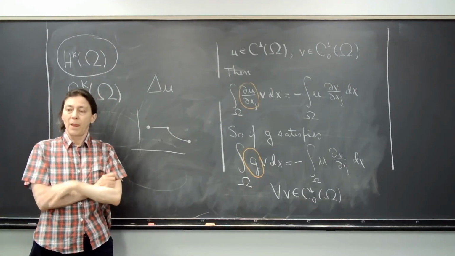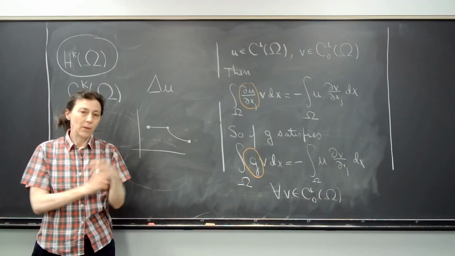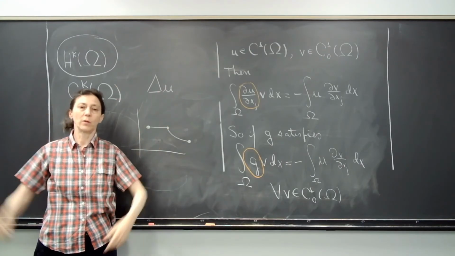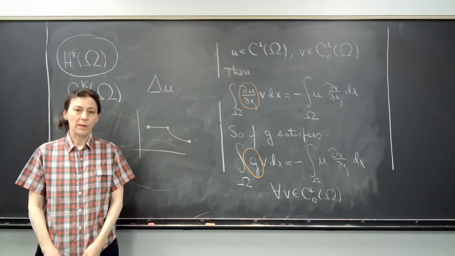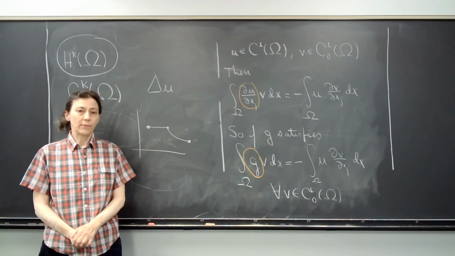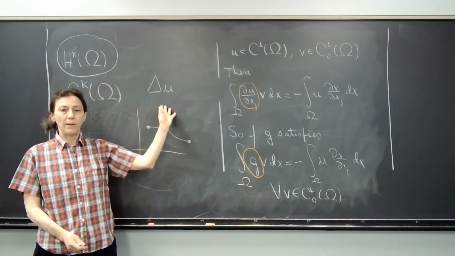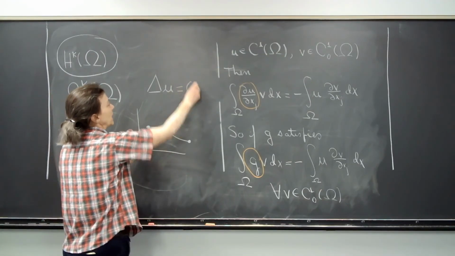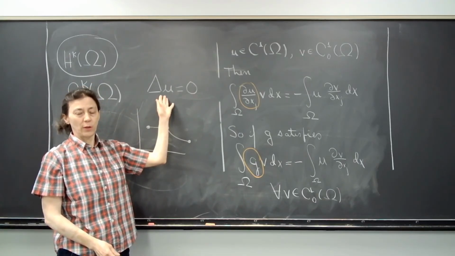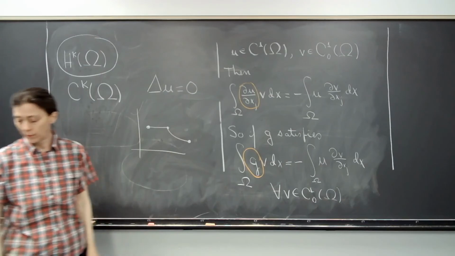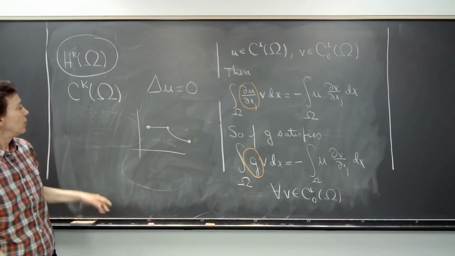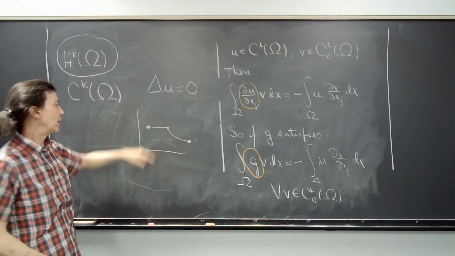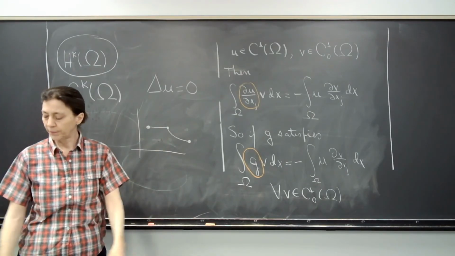If you want to prove existence, it might be easier to look first in a bigger space, where something's more likely to exist. It might be easier to prove existence first in a larger space and then prove regularity after the fact. That's a second order differential equation, but solutions to this actually have derivatives of all orders. So it might be better to look for solutions in the larger function space and then prove regularity of solutions after the fact.